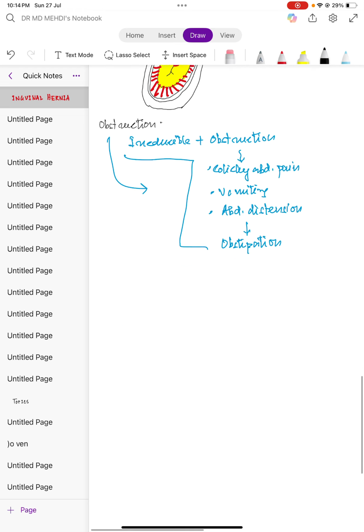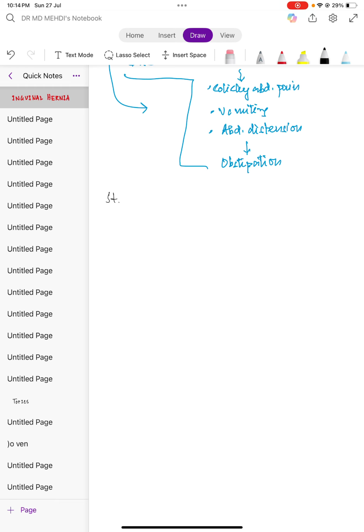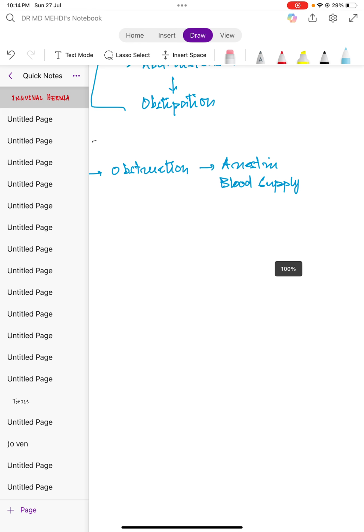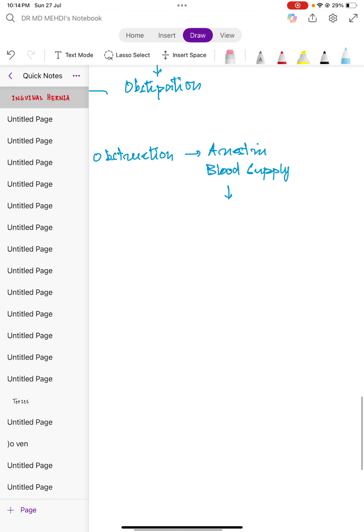After that comes strangulation. Now what does strangulation mean? Strangulation means, again, it is irreducible, which has now progressed to obstruction, and now there is arrest of the blood supply, which means there will be gangrenous changes.